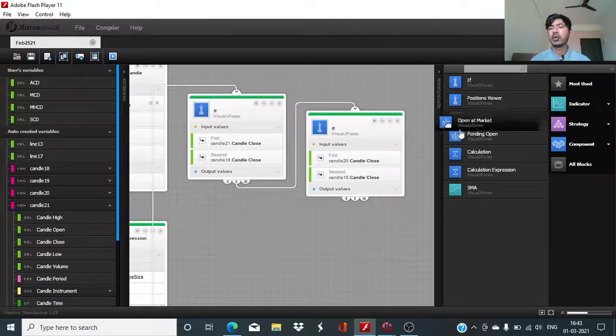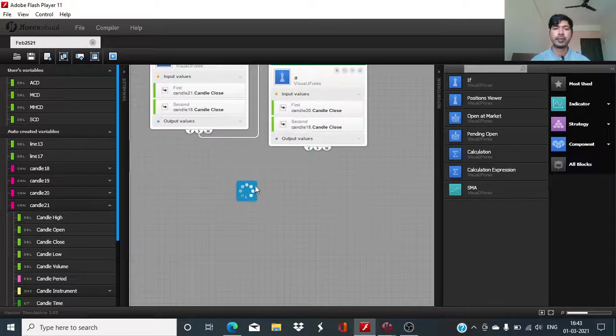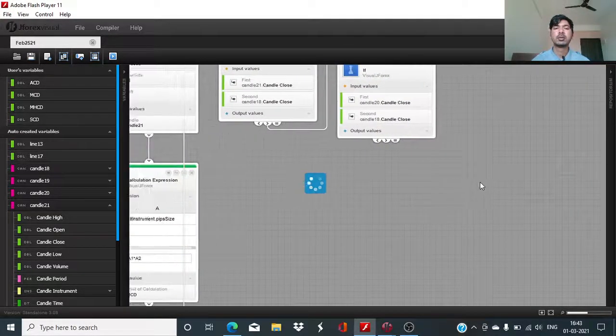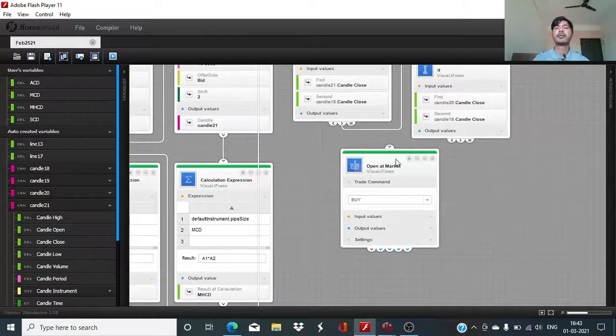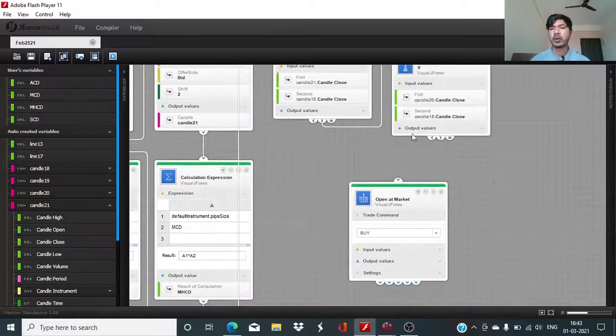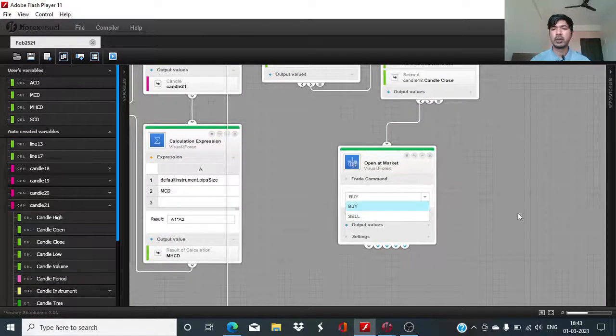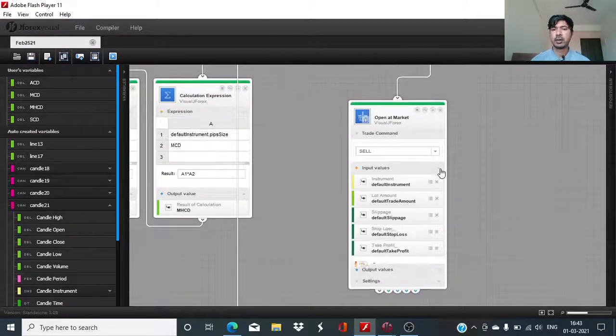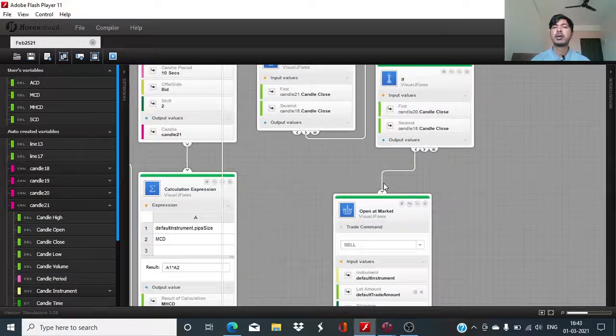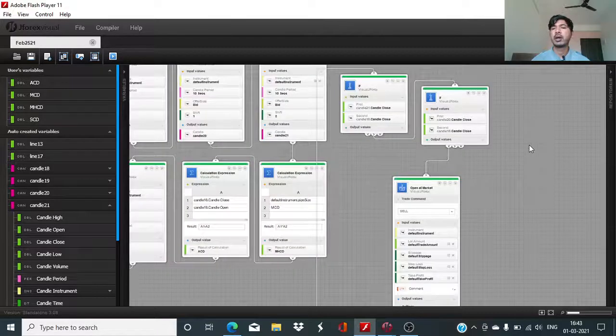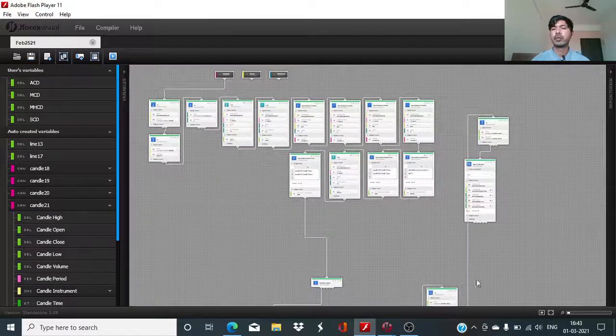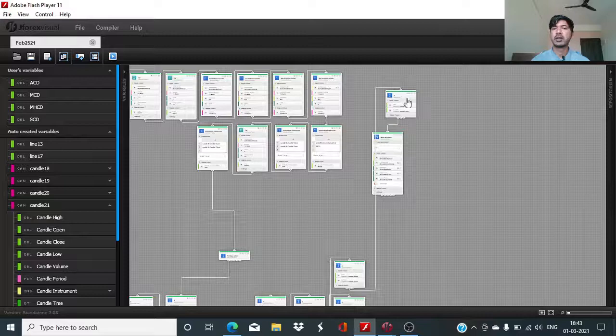Now we bring in open at market. This is going to be a sell trade, and we will have to define the parameters for the stop loss and the target price.